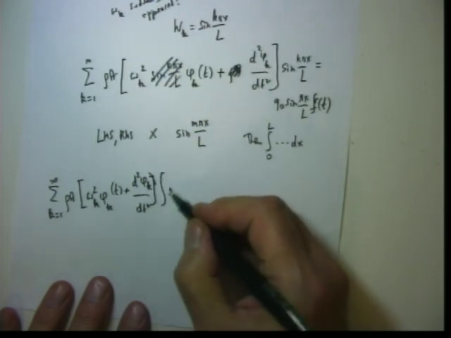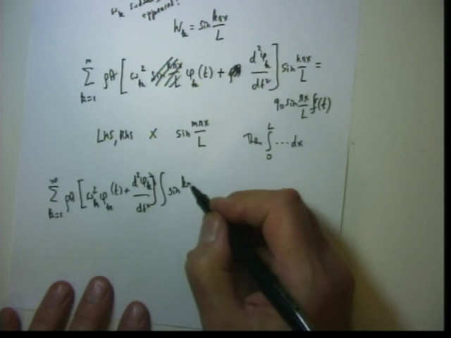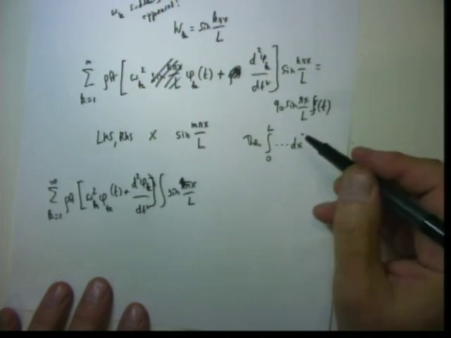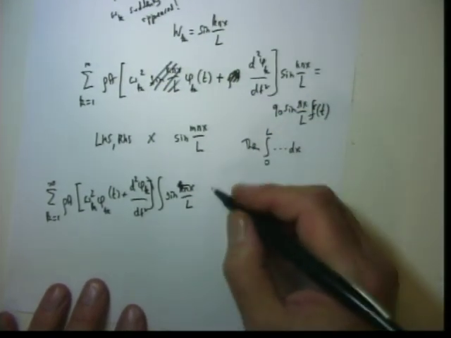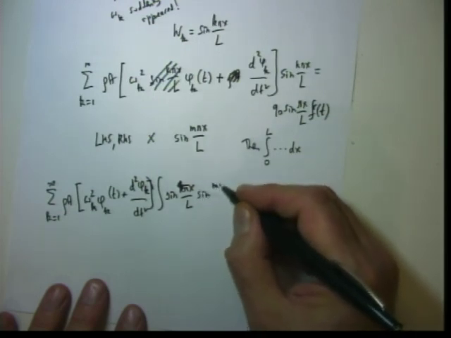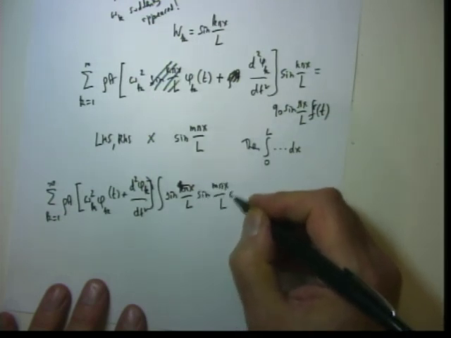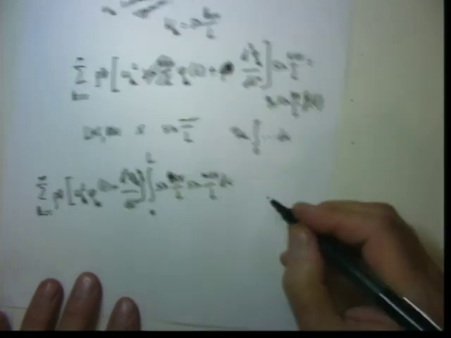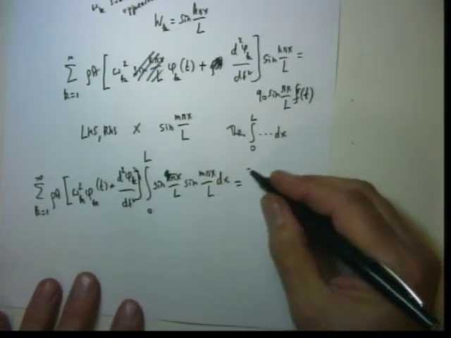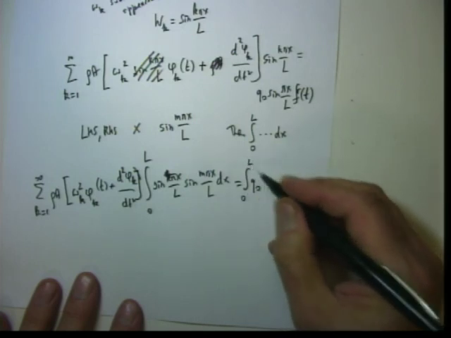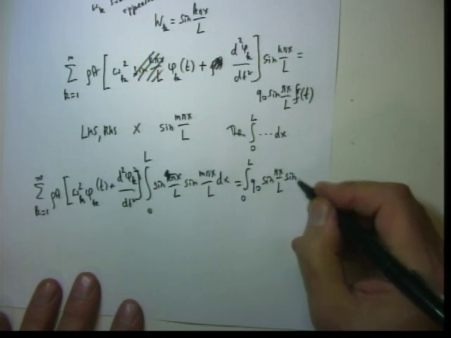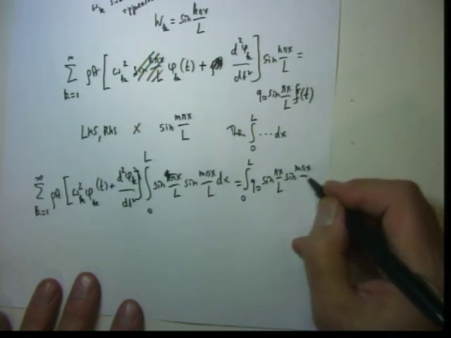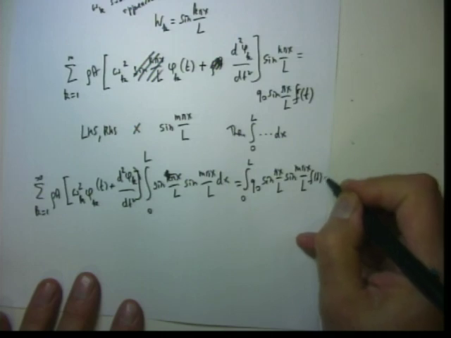Then I have integral sine k pi x over L times sine m pi x over L dx between 0 and L. And this equals integral q sub 0 from 0 to L sine pi x over L sine m pi x over L f of t dx.